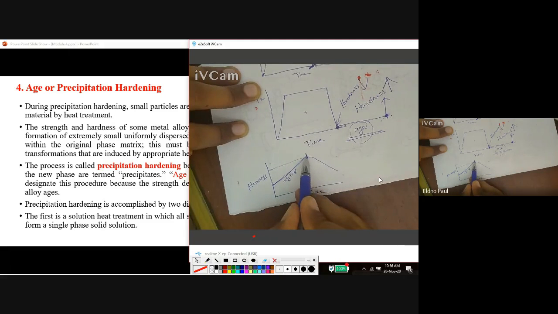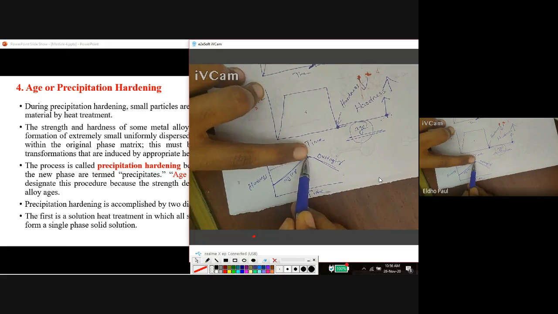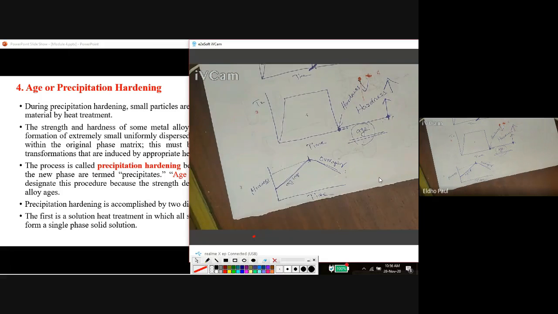After this is called the overaging range. What happens during overaging? If we maintain the sample for a longer time, the hardness decreases. Very interesting phenomenon, right?